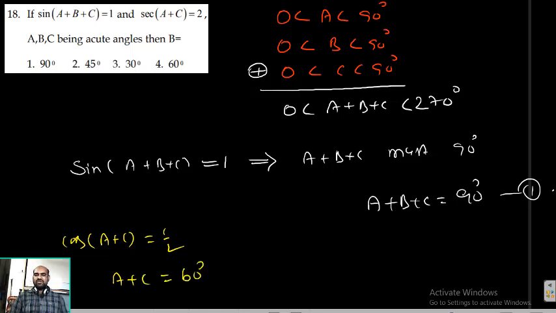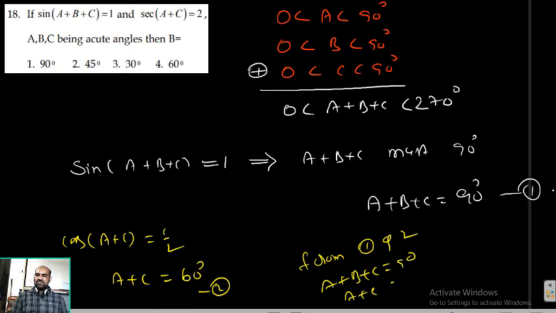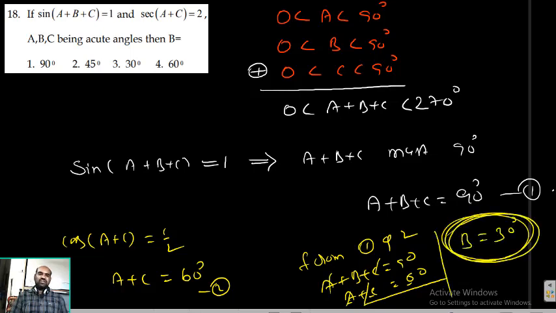So from 1 and 2, A plus B plus C equals 90, A plus C equals 60, subtracting, A and C cancel. So B equals 30 degree. Required B value equals 30 degree. I guess option 3 is correct.